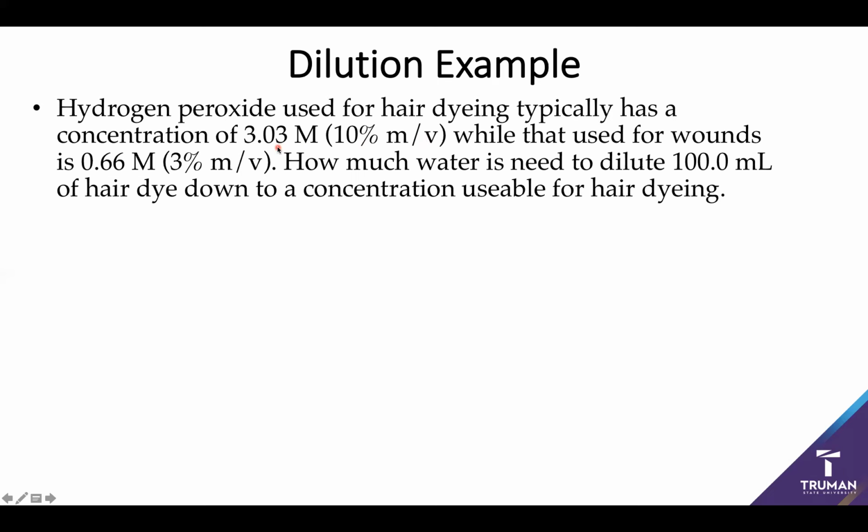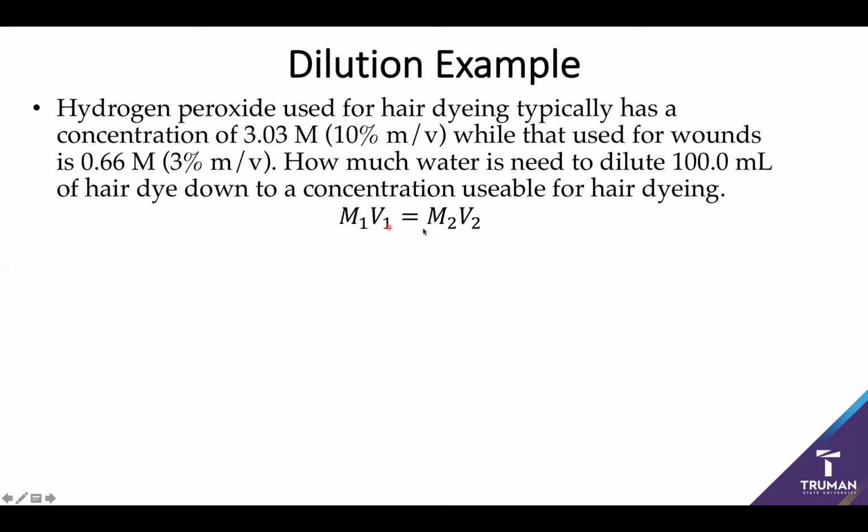This ends up being about a 3 molar solution. Now, if I'm going to want to use that hydrogen peroxide for cleaning wounds, I need a 3% solution, which is about 0.66 molar. Now, I want to know exactly how much water I will need to dilute 100 milliliters of my hair dyeing solution so that it's usable for wound cleaning.